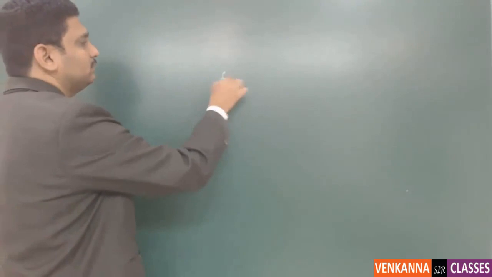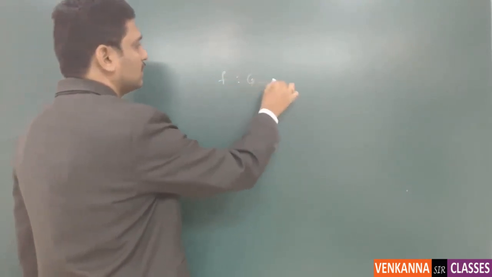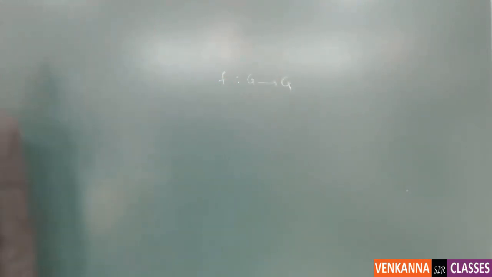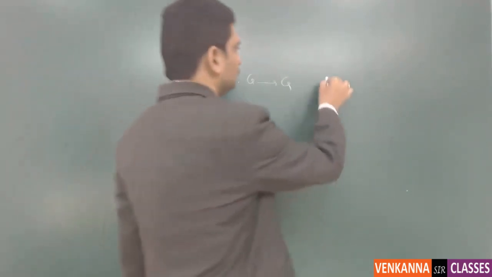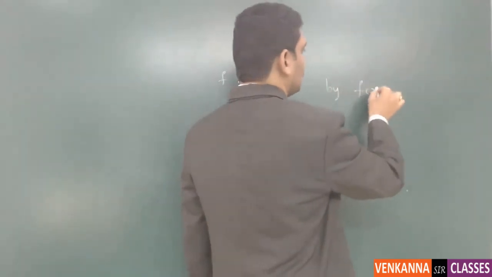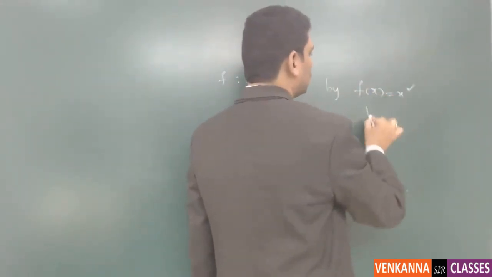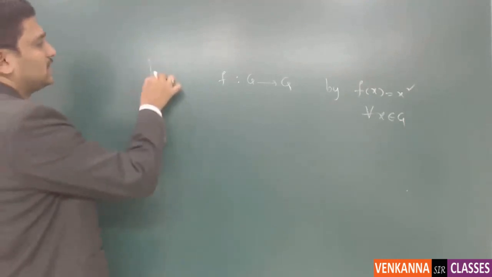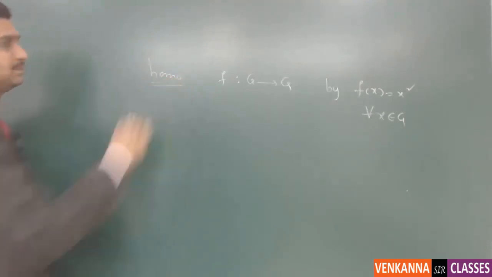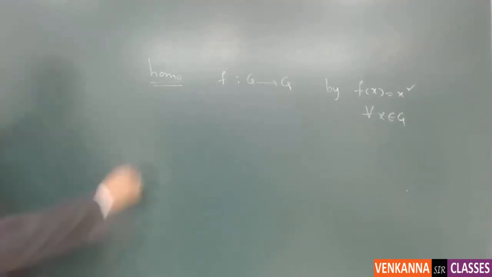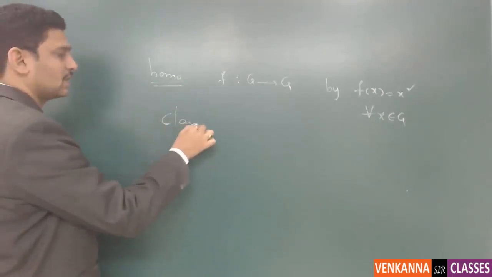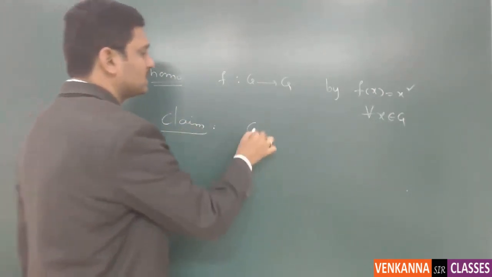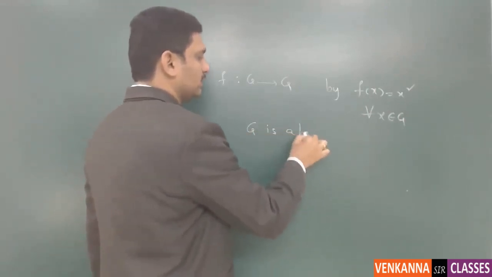Consider the function f from G to G defined by f of x equal to x square for all x belongs to G. If this is a homomorphism, then our claim is G is abelian.